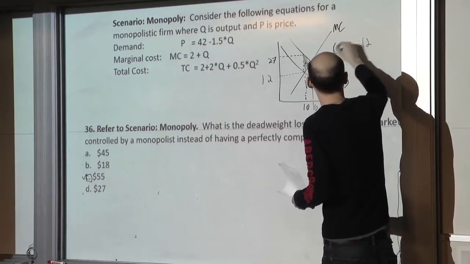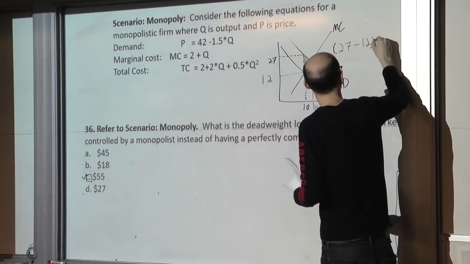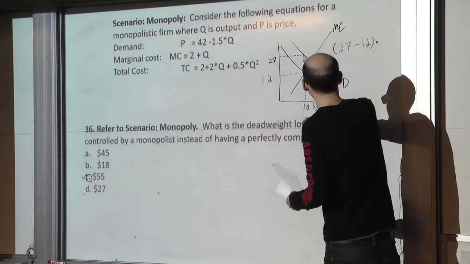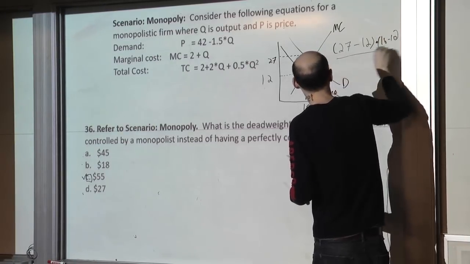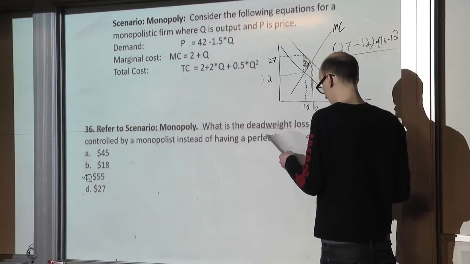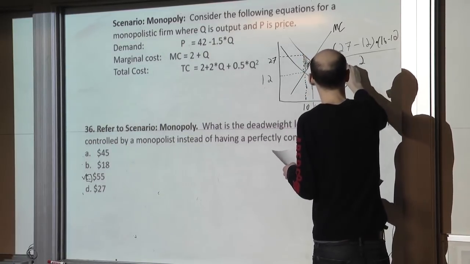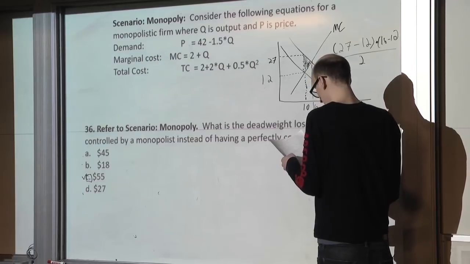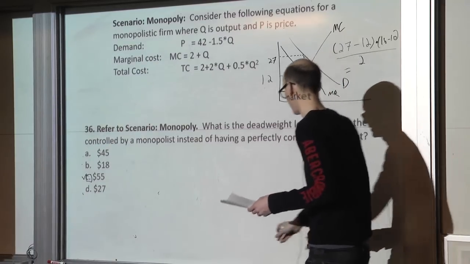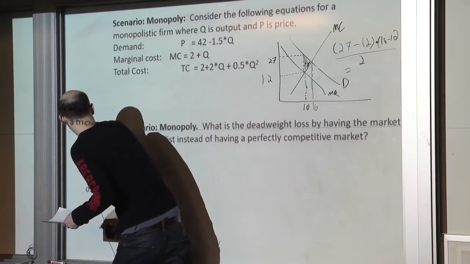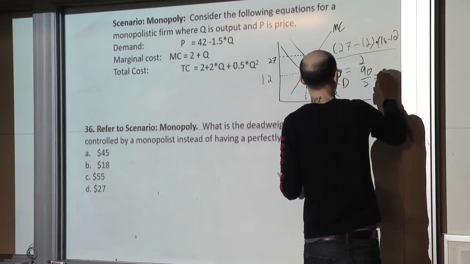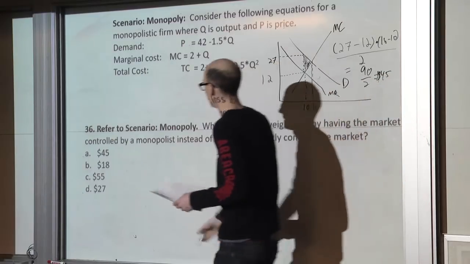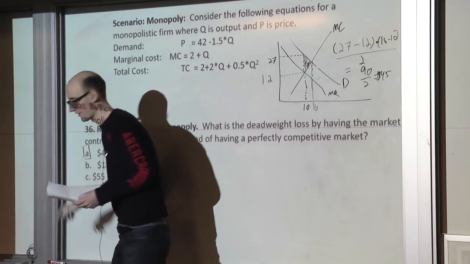So we're going to take 27 minus 12 times 16 minus 10, the height of the triangle, divided by 2, because it's a triangle. If you do the math, you're going to get 90 divided by 2 equals 45. So the answer in this case would be 45.